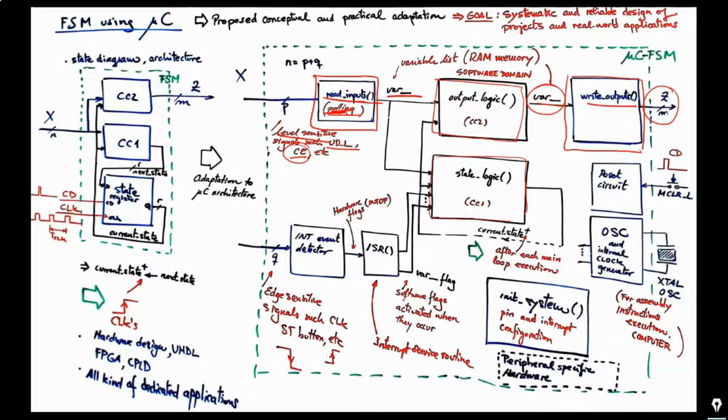You have specific functions to interface the hardware. But this time, because this is a computer, it is okay to go reading or pulling in every computer cycle the level of some signals. Let's imagine that this is P number of signals of this kind, level sensitive.